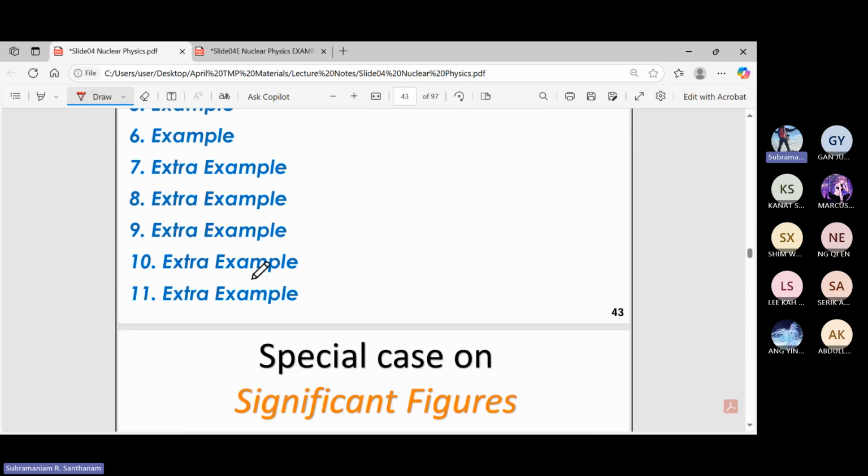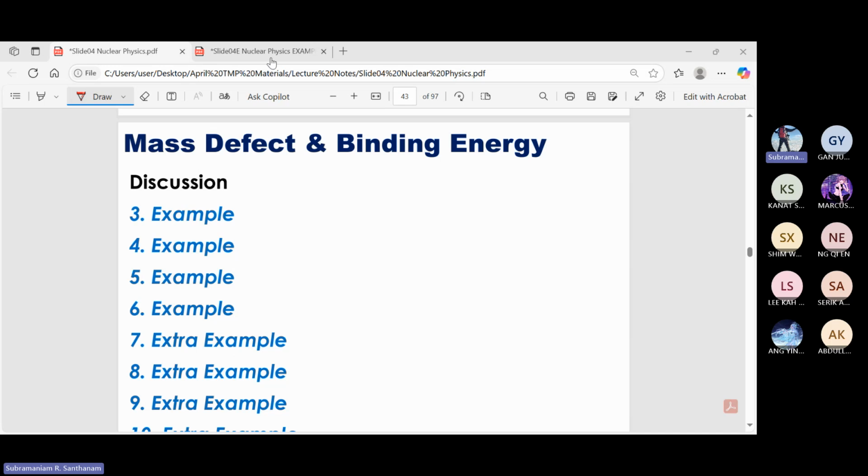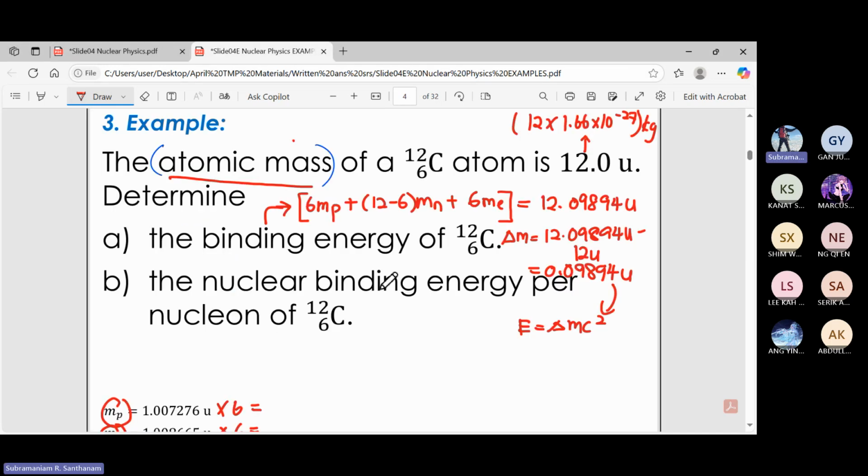So you can just take 0.09894 multiplied by 931.5 MeV.